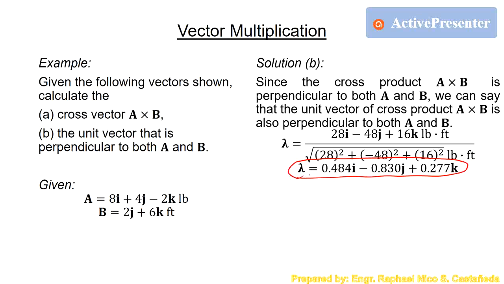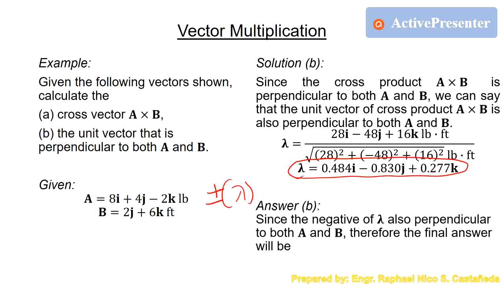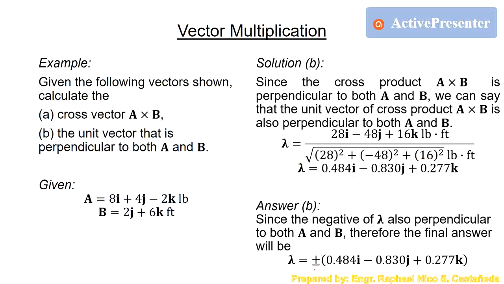But again, we have the opposite direction of lambda, so it is positive and negative. Since negative lambda is also perpendicular to both A and B, the final answer will be this one. So that's the principle behind why the final answer is both positive and negative.